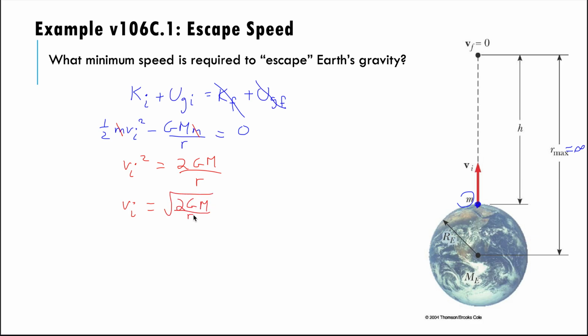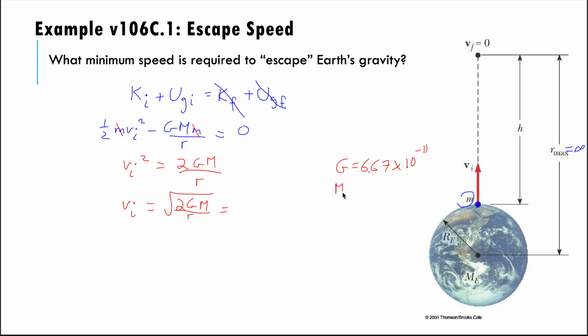It looks very similar to the speed of a circular orbit, which is the square root of GM over r, but this has a factor of 2 here. So we need to plug in the mass of the Earth, G, and the radius of the Earth. I'll define them on the side here. G is 6.67 times 10 to the negative 11.